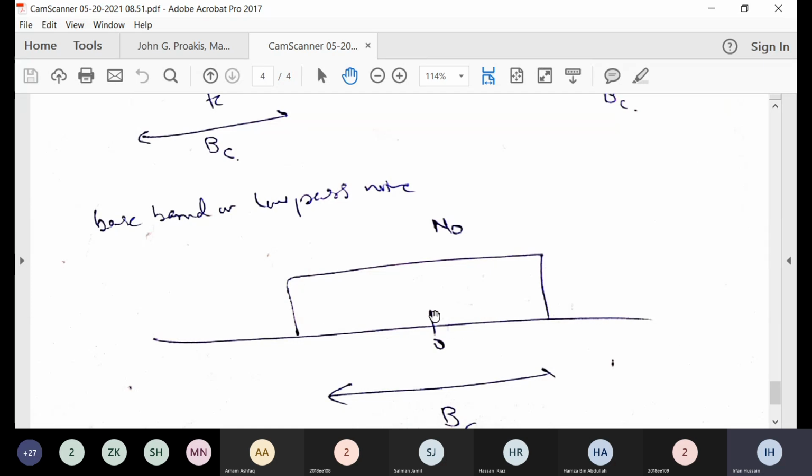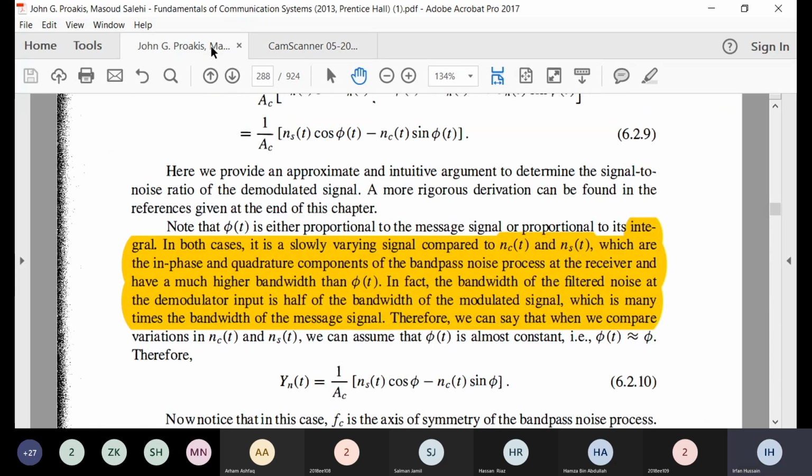So remember that yes, they are low pass, but they are still very high as compared to phi t, because phi t is the original message signal or proportional to the message signal, while NC and NS are the low pass version of the band pass noise at the receiver and have a much higher bandwidth than phi t.